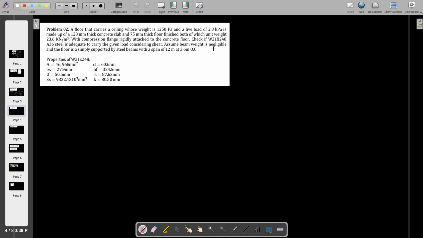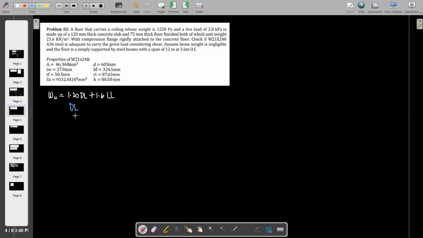So first things first, we need to compute for W, and remember that W is the factored load, because in here we are going to use LRFD. So we have 1.2 dead load plus 1.6 live load. So what composes of dead loads?